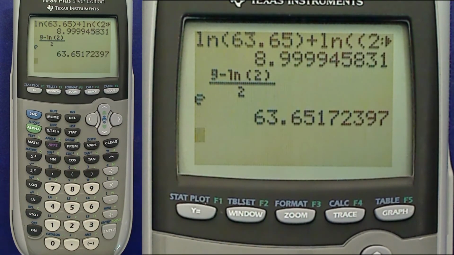There's the 63.65 again. So sometimes when you do a different solution method, you get a different formula for the same number. If you really wanted to, you could use properties of logarithms and exponential functions to convert one of these forms into the other. It's just something you should know about our algebraic toolkit.